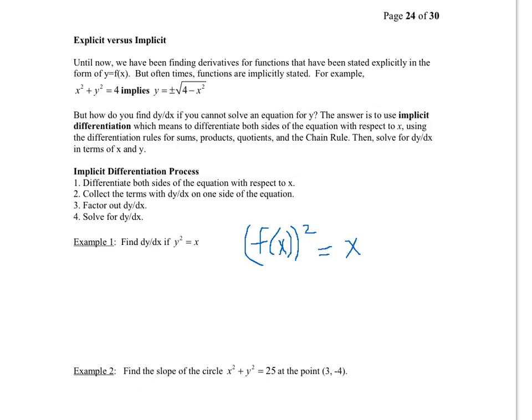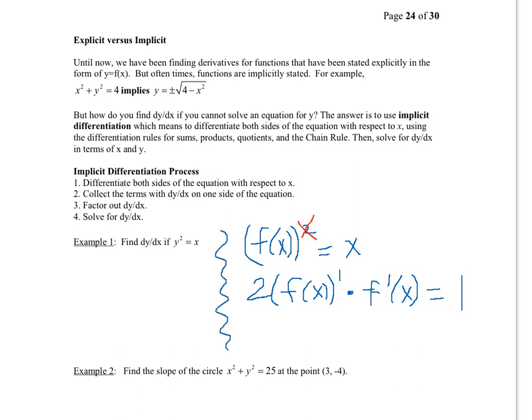So if I was to take the derivative of that, you would bring the 2 down, leave the inner layer alone, and drop the power by 1. Then you take the derivative of the inner layer and multiply using the chain rule, so you would have times f prime of x. On the right-hand side, the derivative of x is 1.